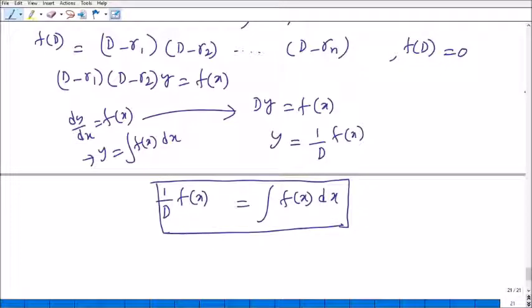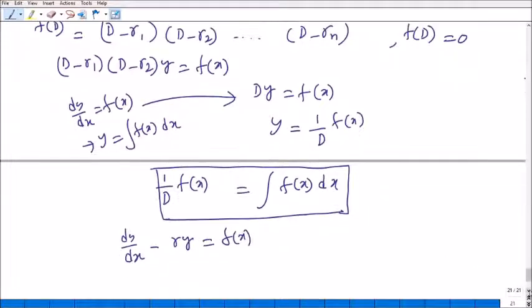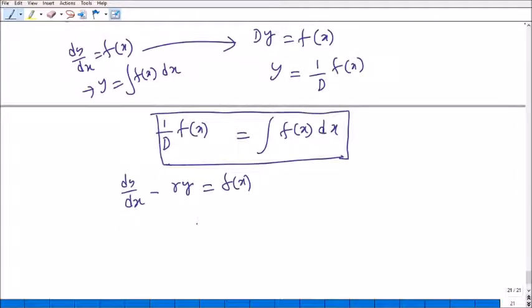Now let us consider the first order linear differential equation, dy/dx - r y equal to f(x), where r is a constant.